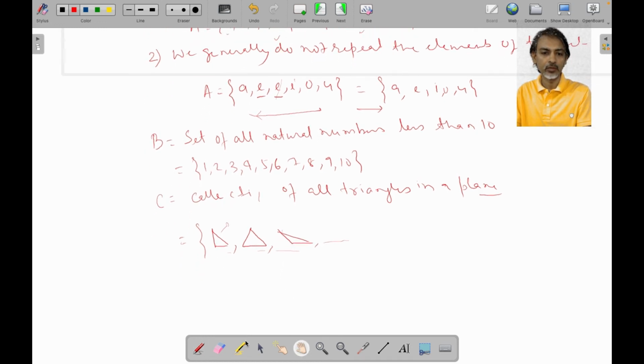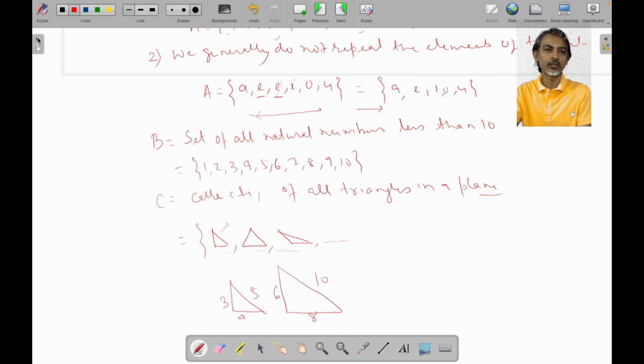What I mean here is, for example, this right angle triangle might have sides like 3, 4 and 5, but there could be another bigger right angle triangle which will be 6, 8 and 10, right? So there will be multiple such triangles, and when we want to represent it in this roster form, it becomes a little difficult.